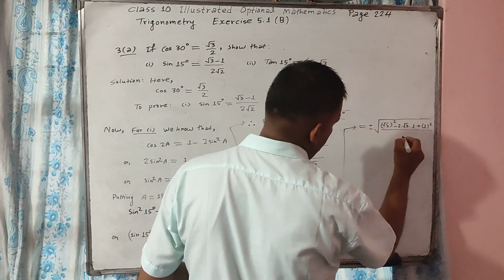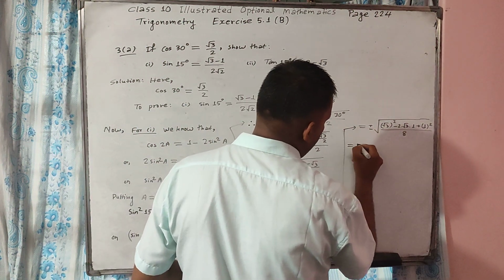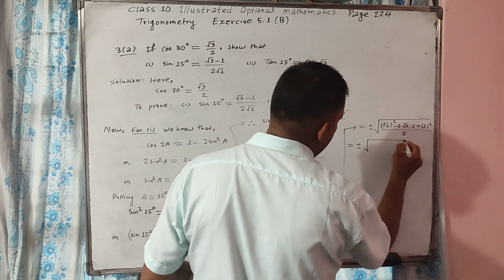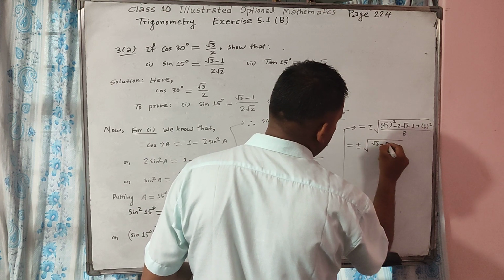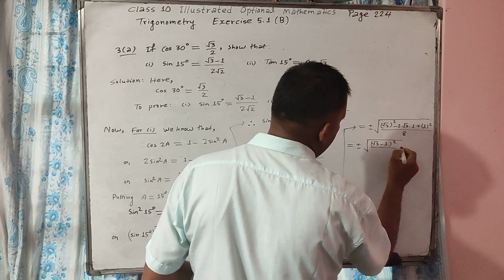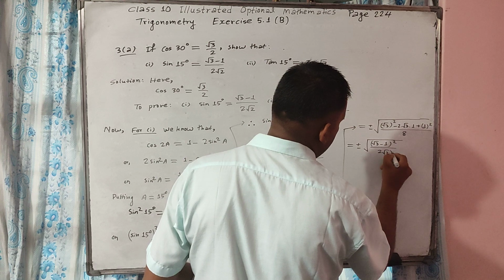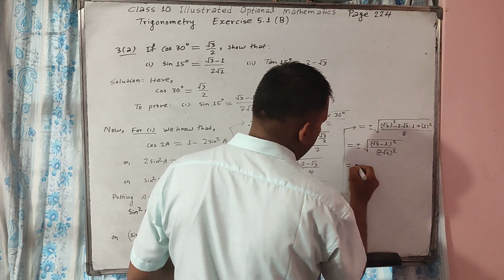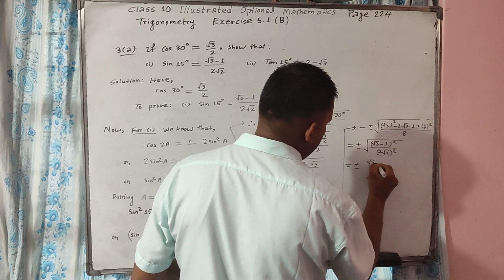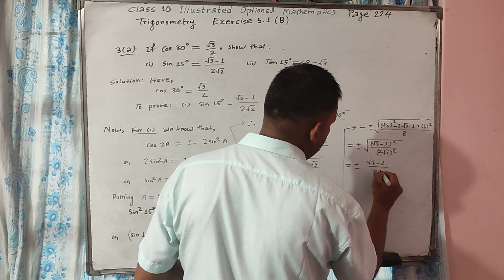To make a perfect square, we get plus minus square root of root 3 minus 1 whole square all upon 8, which is 2 root 2 whole square, equal to plus minus root 3 minus 1 all upon 2 root 2.